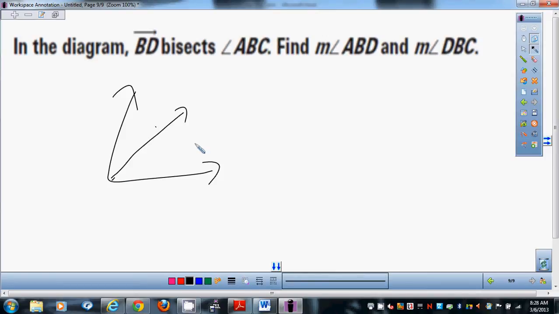What does that mean? Close. That's dissect. What does bisect mean specifically? What specifically does it do to something when it goes through it? Caitlin, what does it do when it bisects it? Cuts it in half. And if something's been cut in half, what do we know about the pieces? They are equal. That is the key to the problem. You might want to put a star on your paper. When you see the word bisect, that means set them equal.